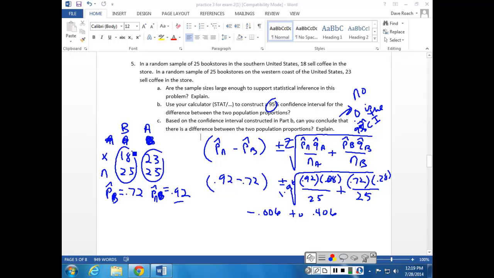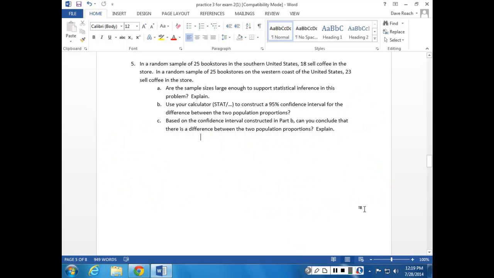This will not be the standard error that we use for hypothesis testing. It's going to be slightly different.